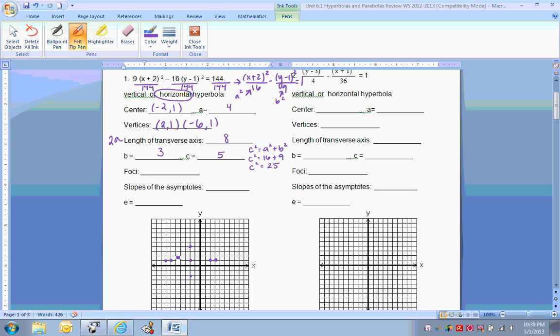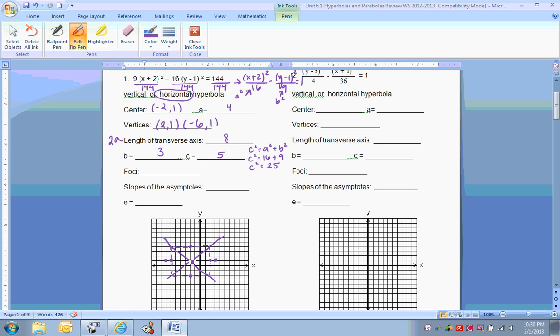Now I'm going to take my co-vertices and vertices and make a rectangle out of them. And then I use that rectangle to draw my asymptotes, and I start by drawing them through the corners and through the center of my rectangle. And they ask me for the slopes of those asymptotes.